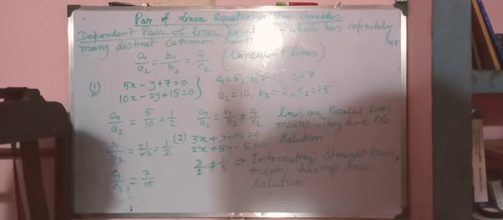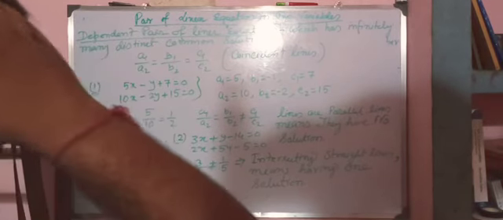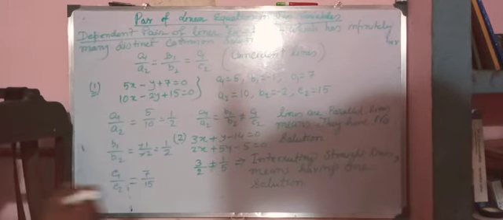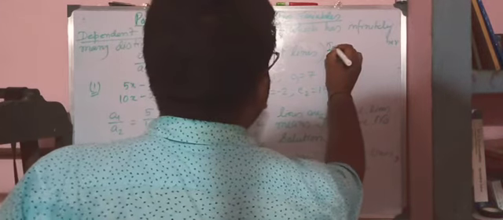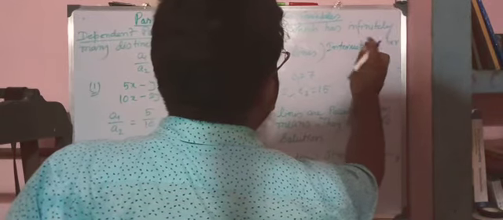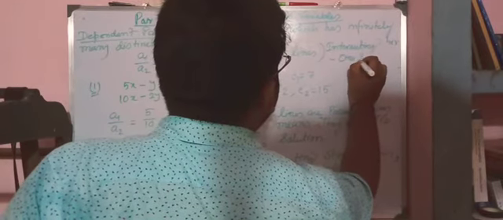Okay. So by this process we check that the lines are intersecting, that is one solution. If it is intersecting, then one solution.